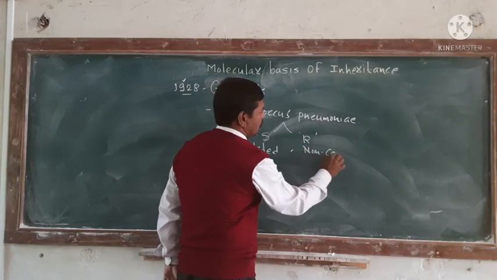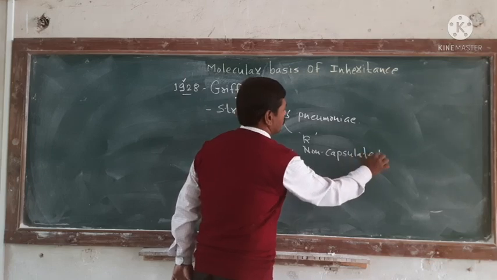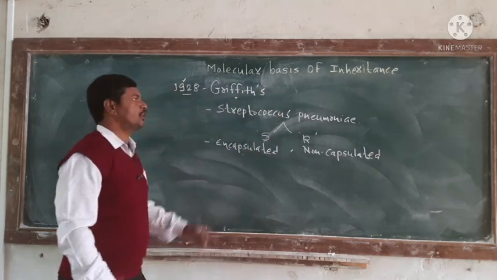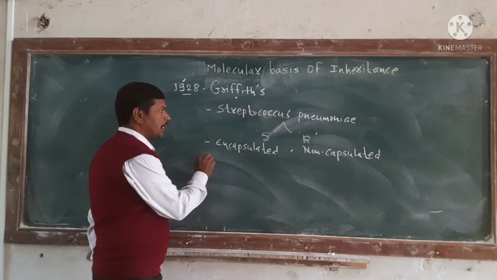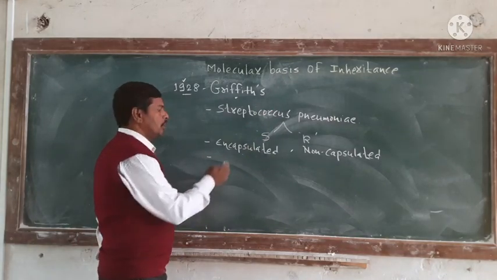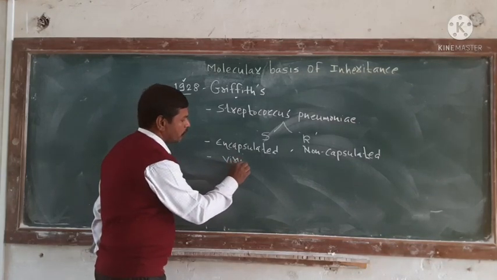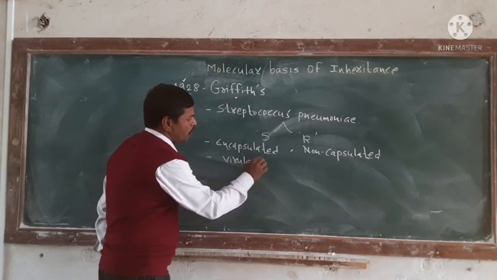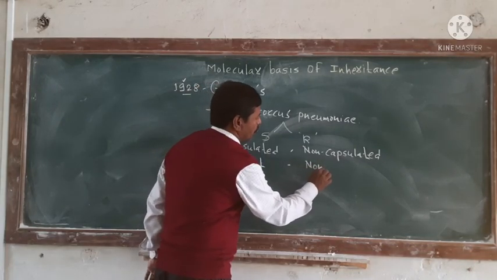This is the first difference between the two strains of Streptococcus pneumoniae. The second: the S type bacteria is virulent, while the R type strain is non-virulent.